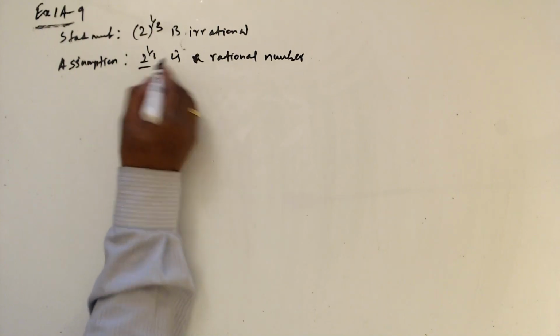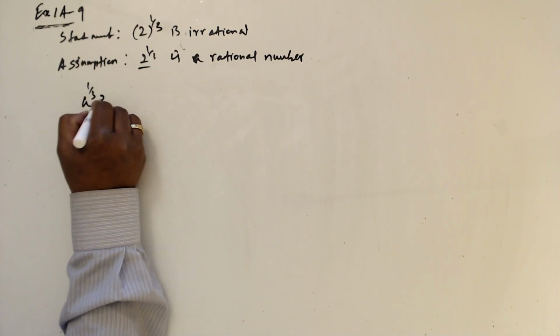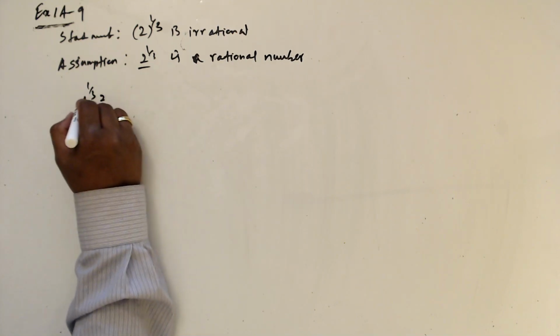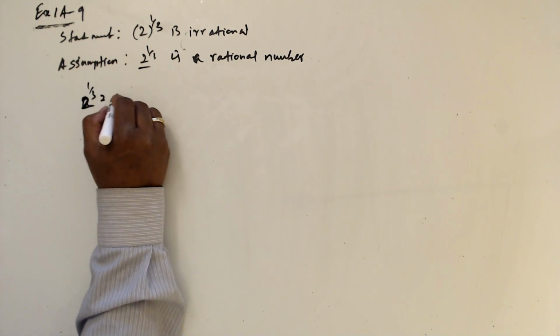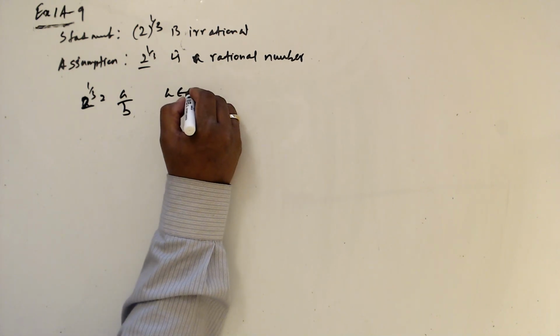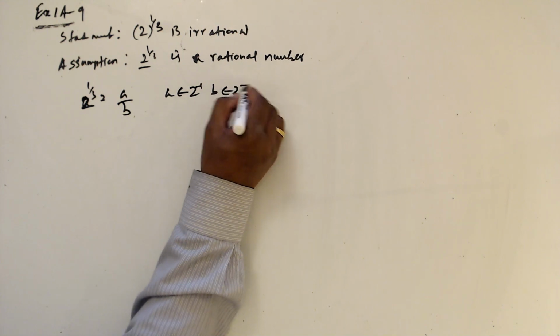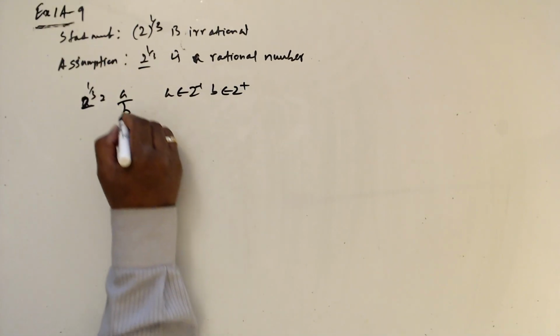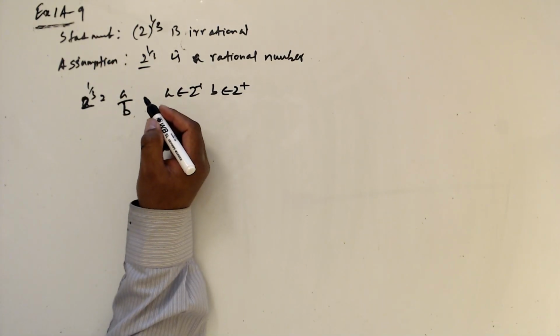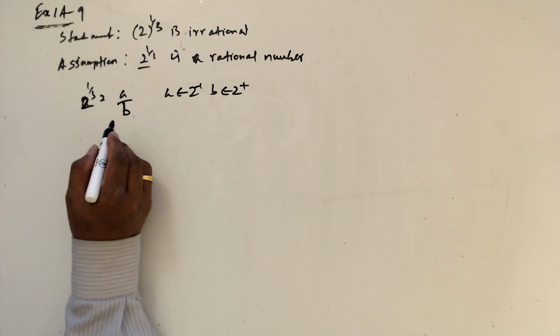If this is rational, we can write it as a fraction: cube root of 2 equal A over B, A an element of Z and B an element of Z, and then we'll find the cube of this one.